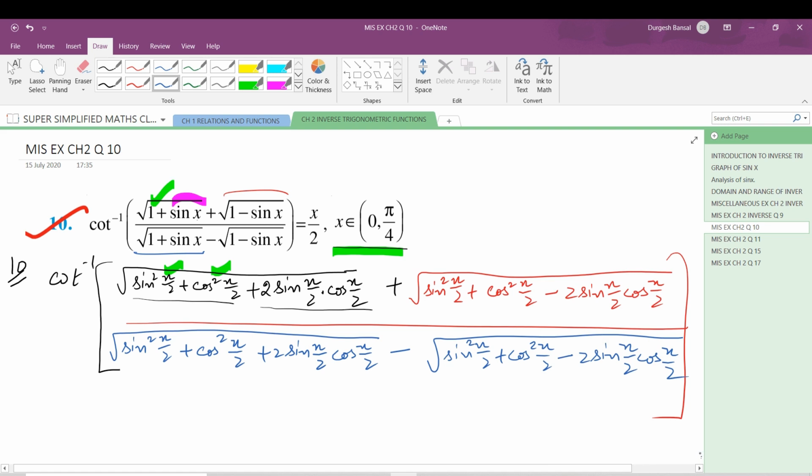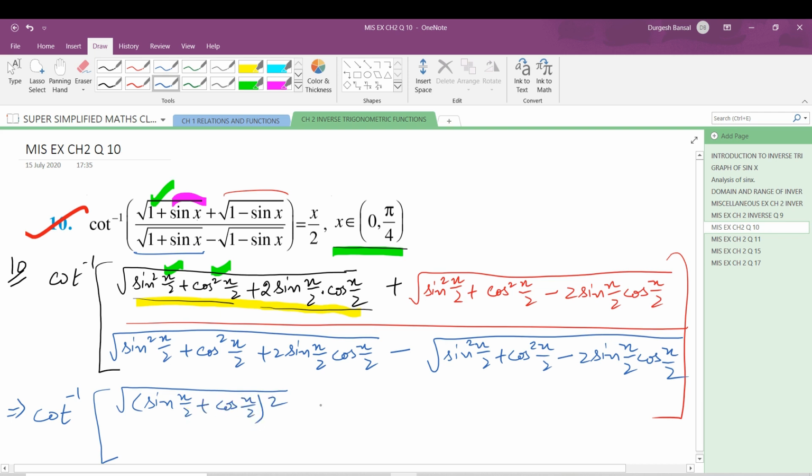Why we have written all of them in this form, you will now get to know. Now see this expression that I am underlining here. Whatever is written inside the square root, isn't it the whole square of sin x by 2 plus cos x by 2?